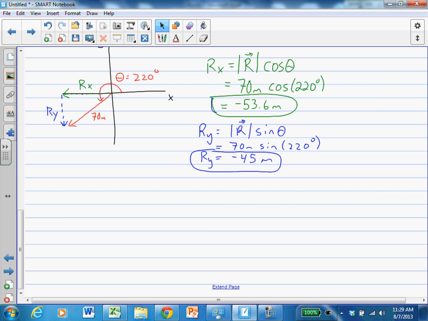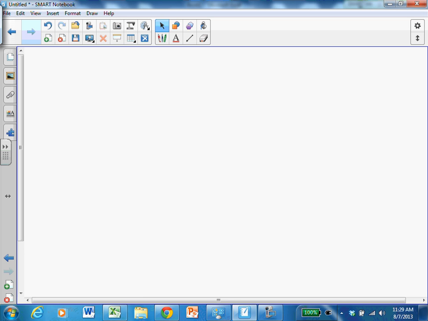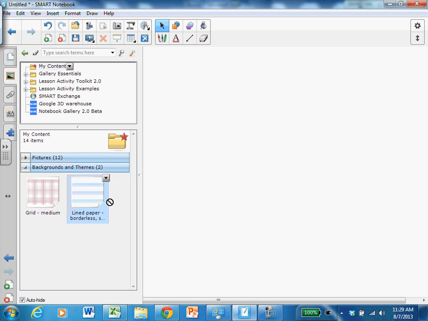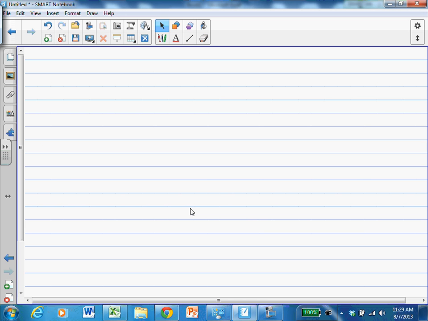How about adding vector components? For summing up, or vector addition, we're going to make use of the Pythagorean theorem and components. So we did graphical.